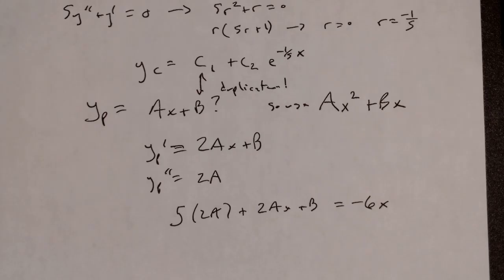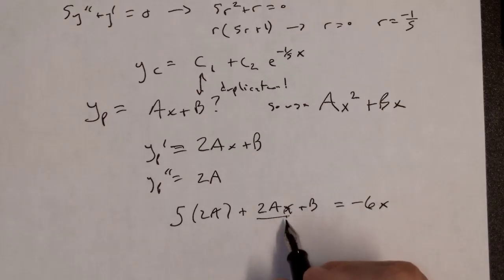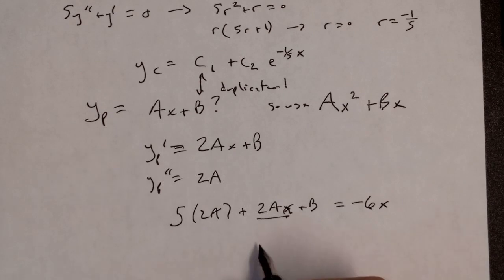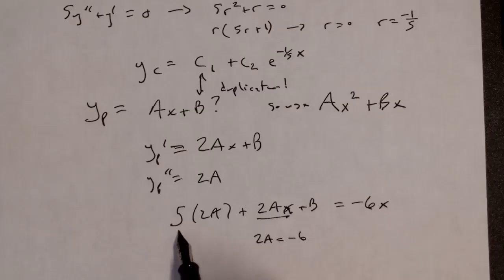Okay, the only x term is here. So 2a must equal -6. These are the constants. So I get 10a plus b must be equal to 0, because there's no constant on that side. Oh, wait a minute.